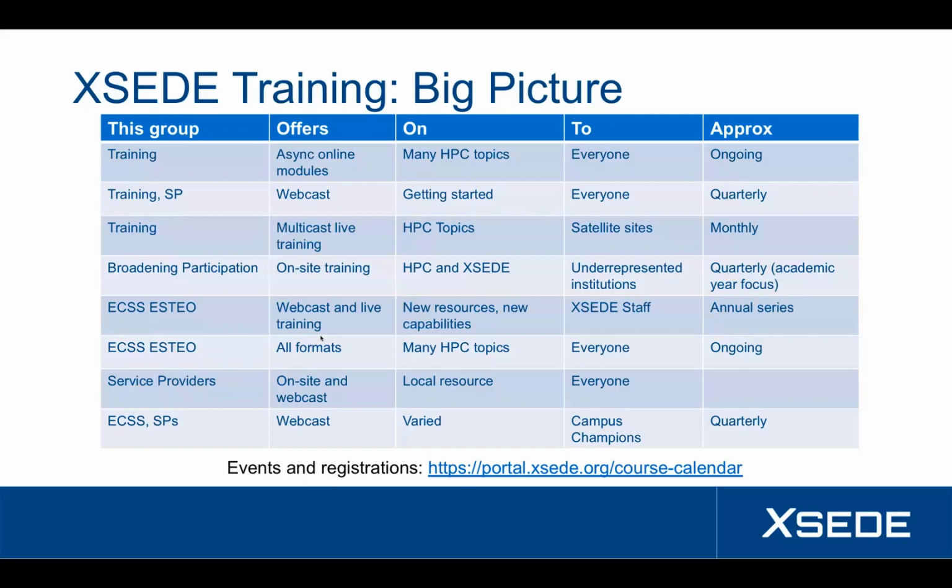And so you see there's training coming from a lot of groups, and I would have omitted a lot of important XSEDE training information if I had not talked about what all of these other groups within XSEDE are doing as well. So the next few slides, I'll say a few words about what all of these other groups are doing before I dive into what the XSEDE training group is doing.